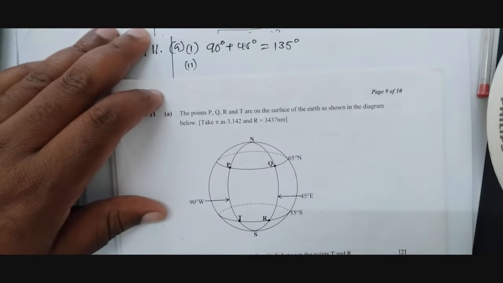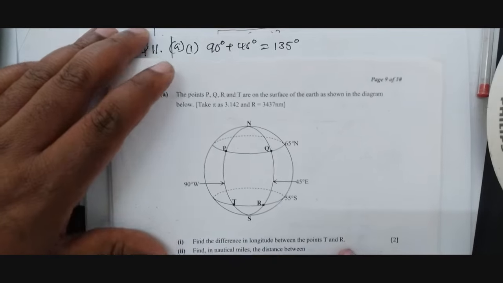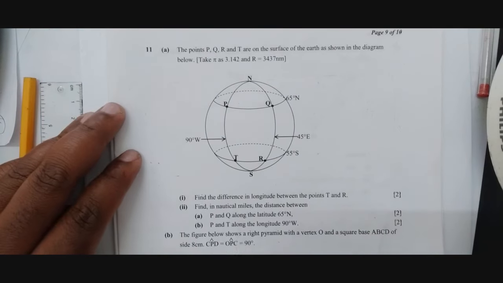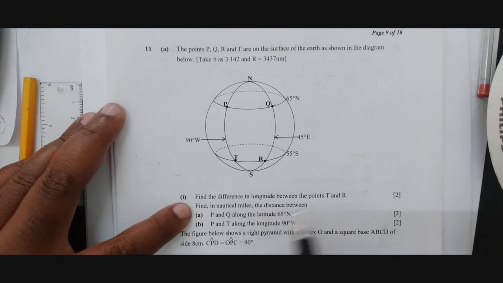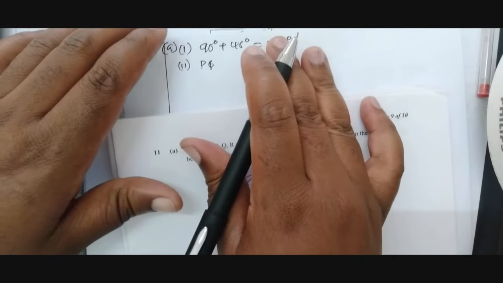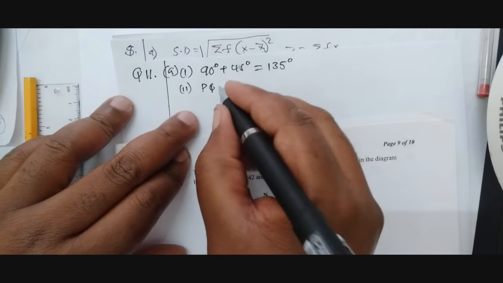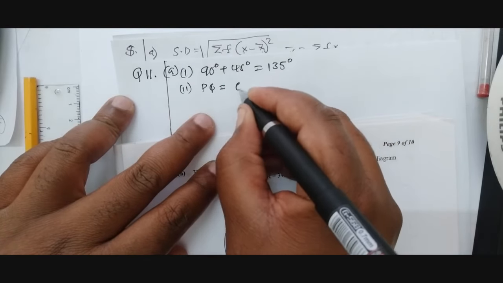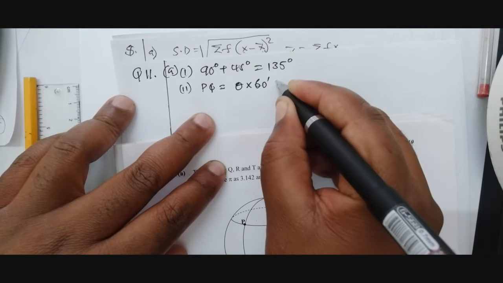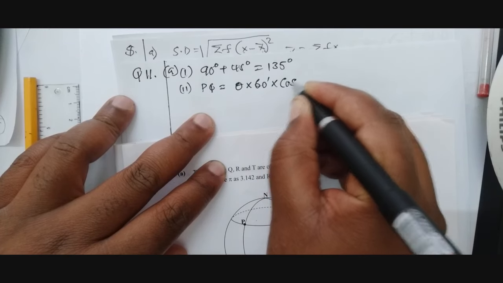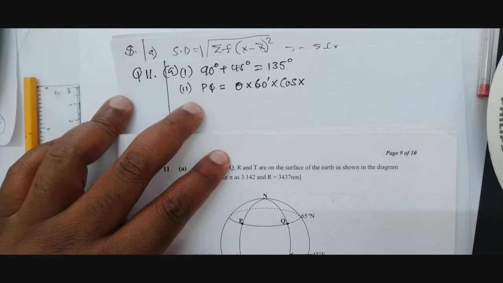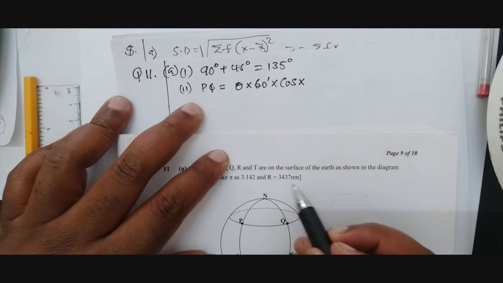Roman numeral 2a. Find in nautical miles the distance between P and Q. Alright? So the distance between P and Q in nautical miles can be found by saying theta times 60 minutes times cos x, or you can use the other formula provided that your radius is taken to be that.